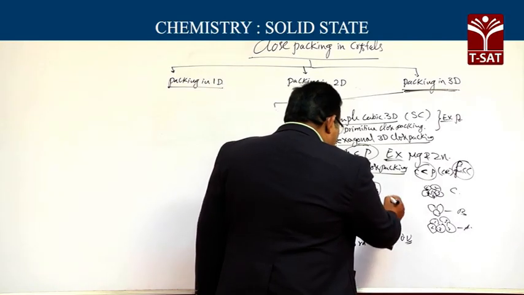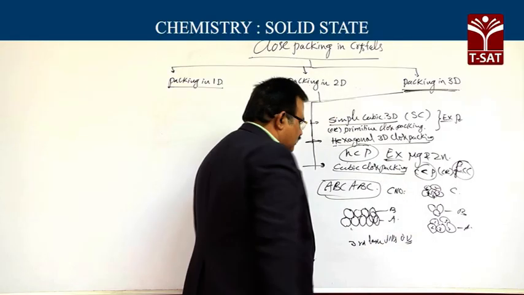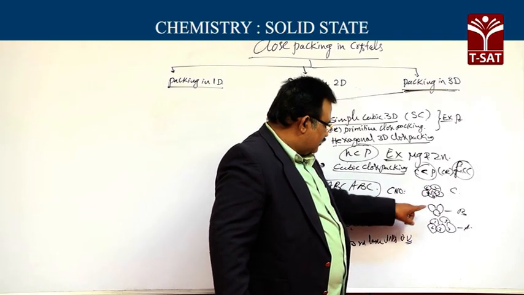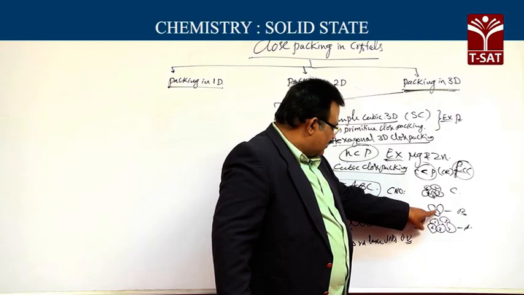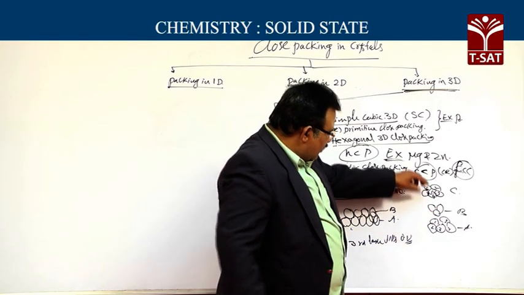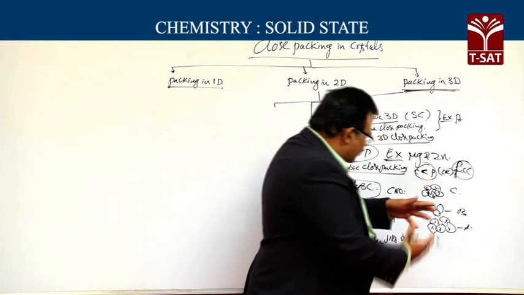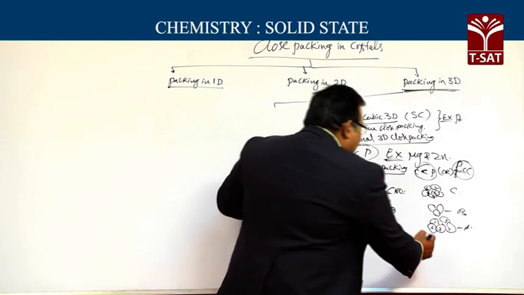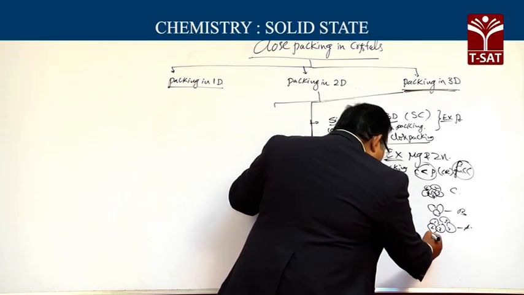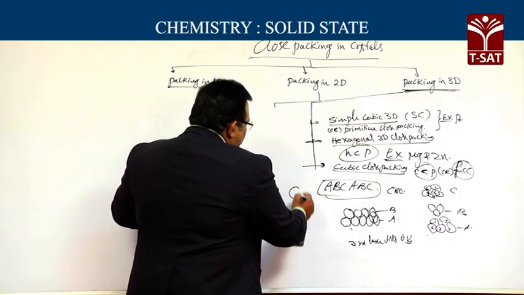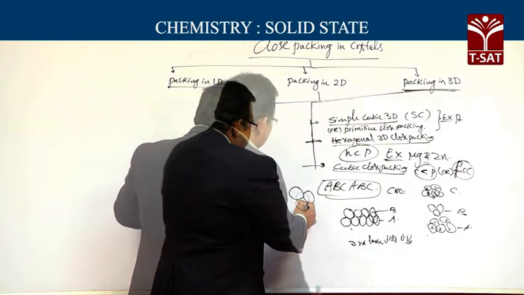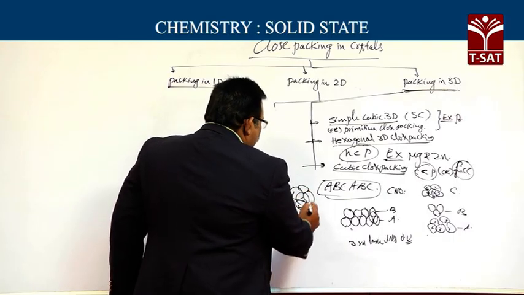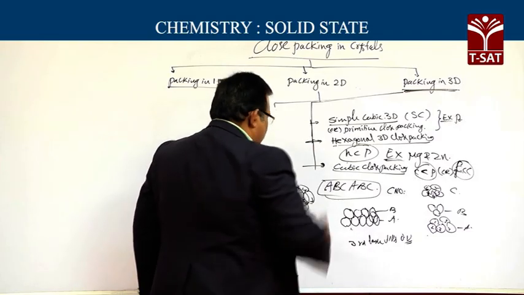When we talk about the coordination number, here 6 spheres, here when this 6 plus 6 plus 3 are compactly arranged, an octahedral void is formed like this. Octahedral void is formed. 1, 2, 3, 4, 5 and back 6.